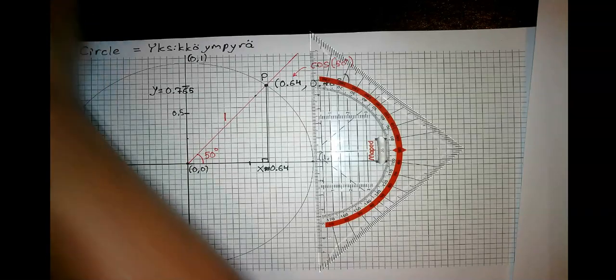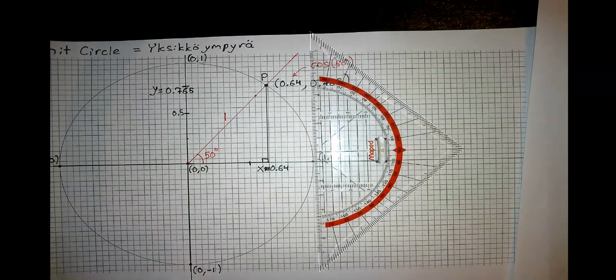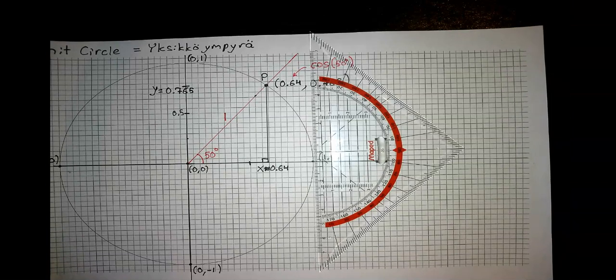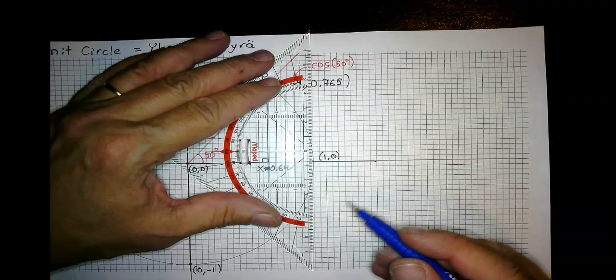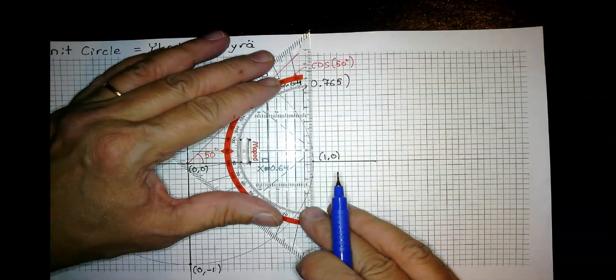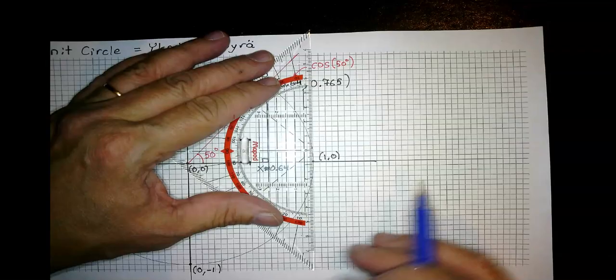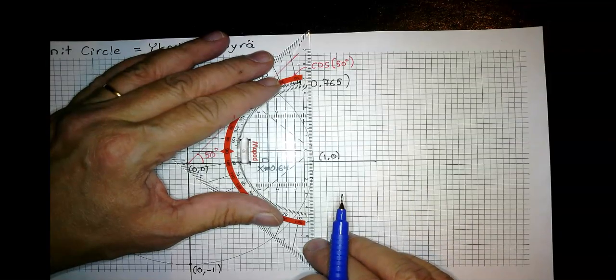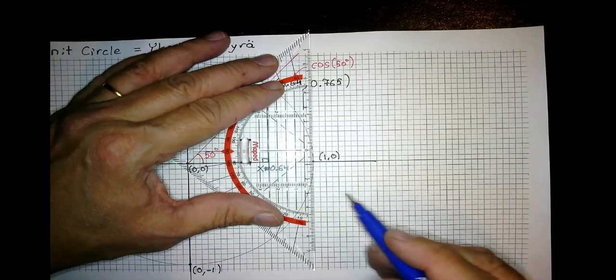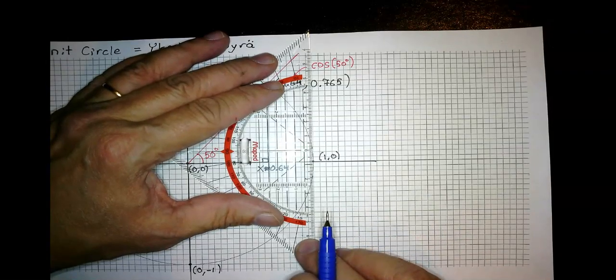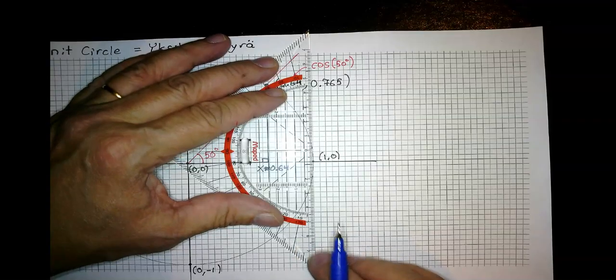I'll take another color so maybe you can see it better. I can't open the pen. Okay, now let's do that. And as I said in the beginning, I made a bad choice when I chose this angle of 50 degrees, because you can see that our picture almost fits in the paper.